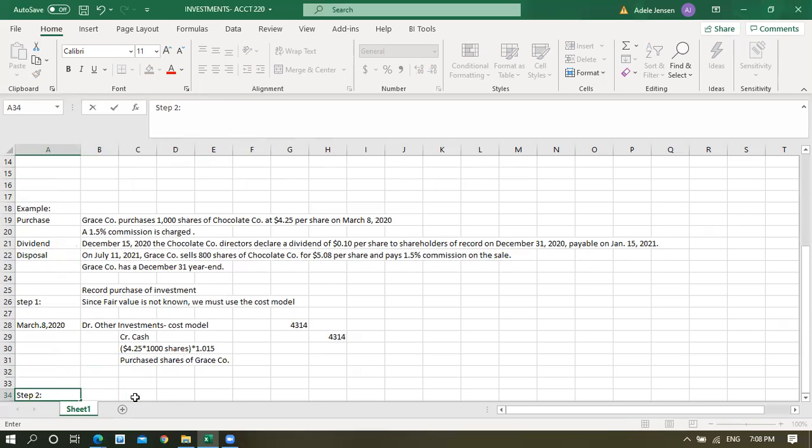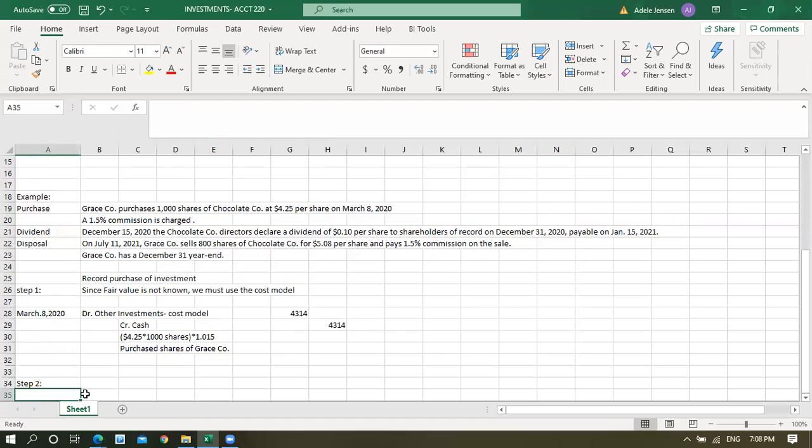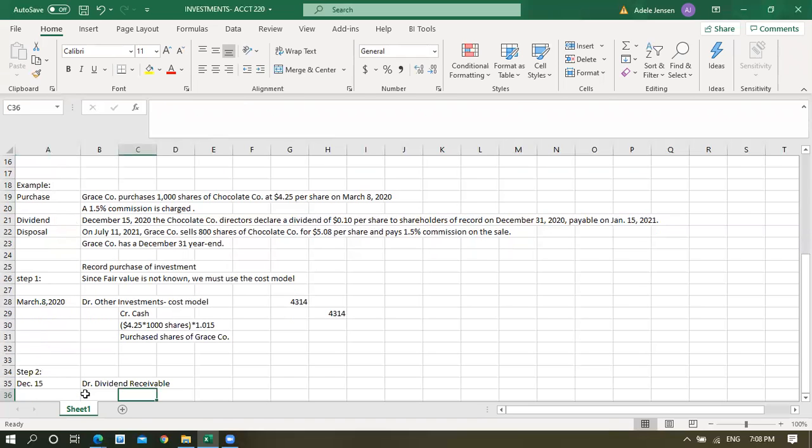would be the declaration of that dividend, which occurred on December 15th. So the dividend is declared, so we know that we have a dividend receivable, and we can record that dividend revenue at this date that it was declared.